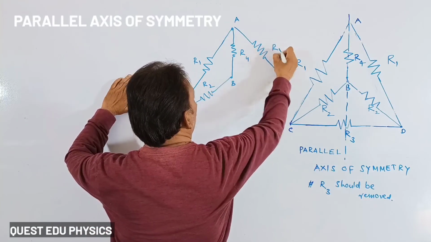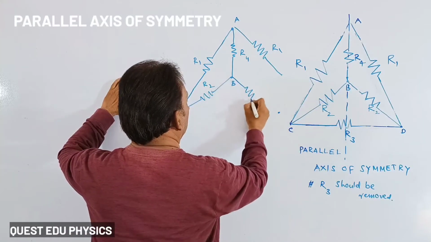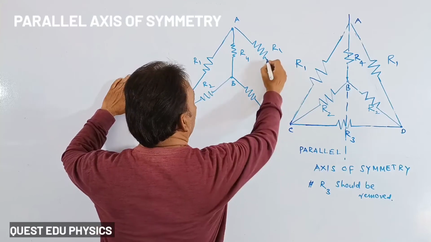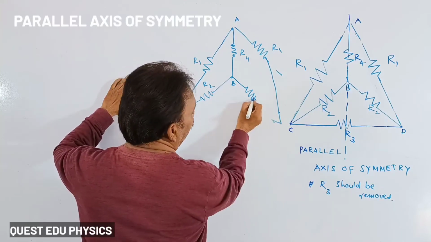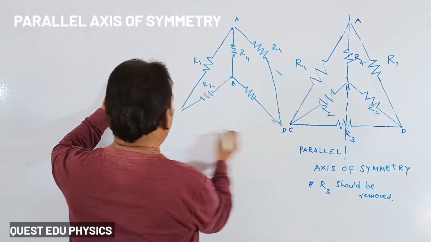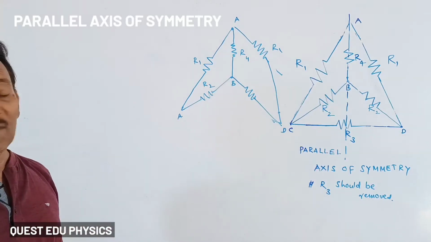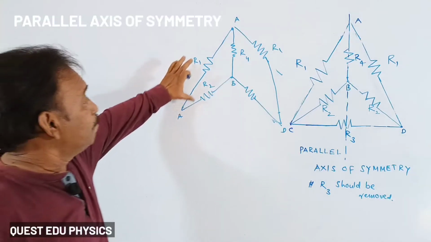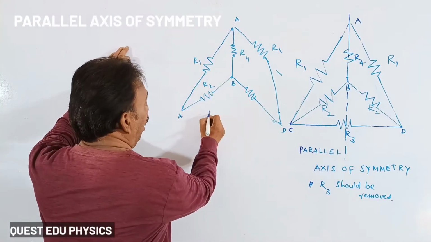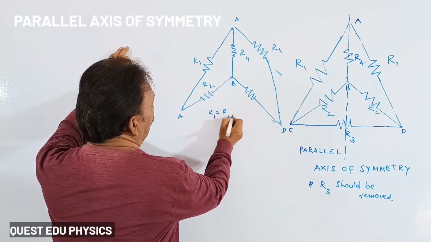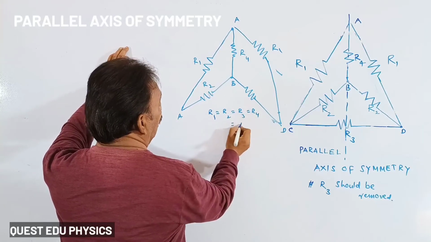It is R1. Okay, students, see this R2. It is here. I'm joining this, and the point D is the same as point A. Here, this part is removed. Let's say R1 is equal to R2 is equal to R3 is equal to R4, and it is equal to R.